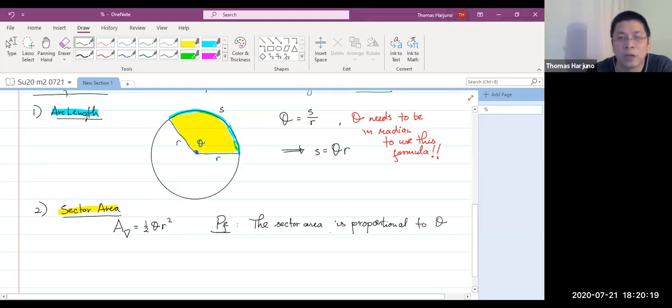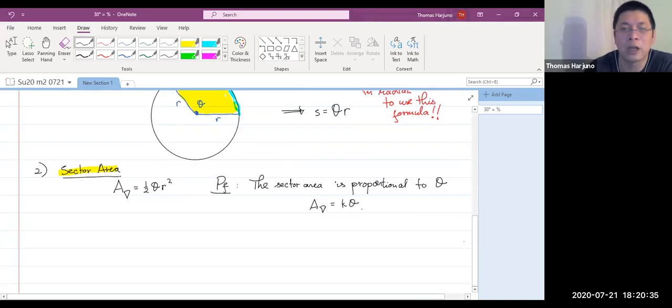Okay, now we learned this proportion word before, right? So basically the area of the sector equals a constant multiple of that theta. Now the thing is, what is that constant multiple of theta?